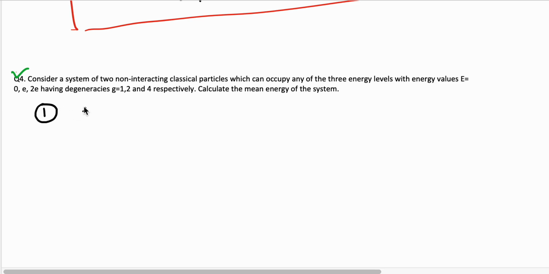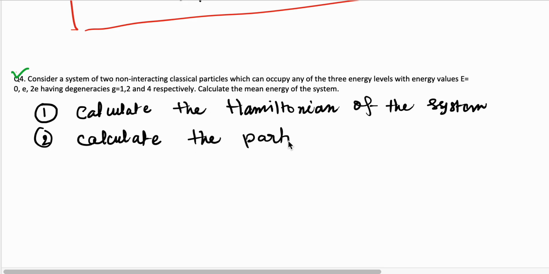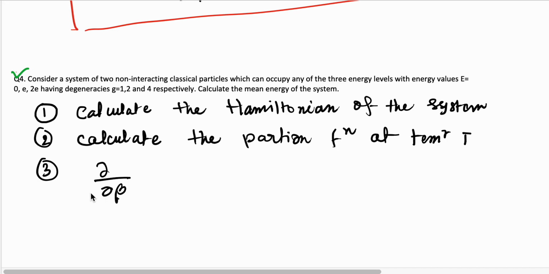First rule, calculate the Hamiltonian of the system, and once you have that, you calculate the partition function at temperature T. Then you take a derivative with respect to beta, where beta is nothing but 1 by k_B T, of ln Z, which is equal to the average energy.